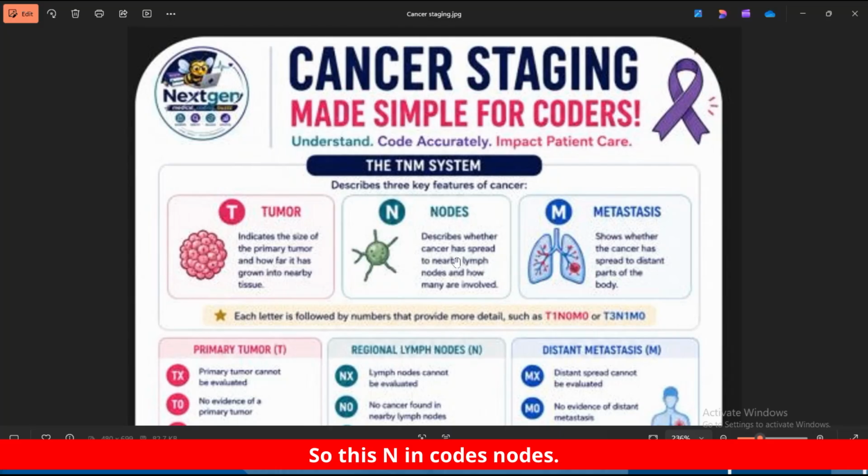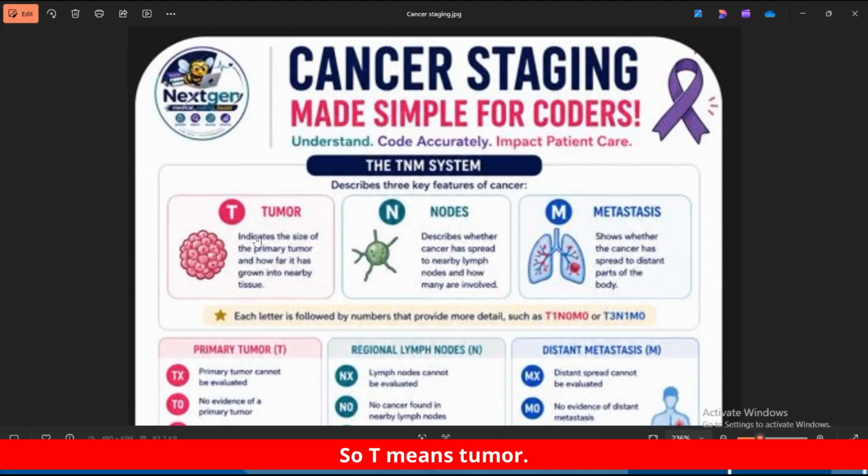So N encodes nodes: we check whether the patient has spread of cancer from the primary organ to any lymph nodes. Next we have metastasis, which shows whether the cancer has spread to distant parts of the body.